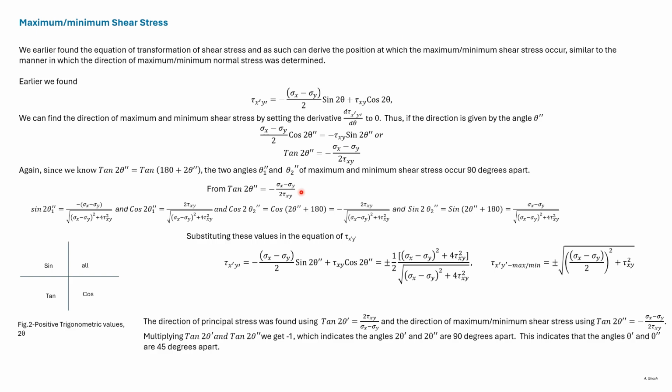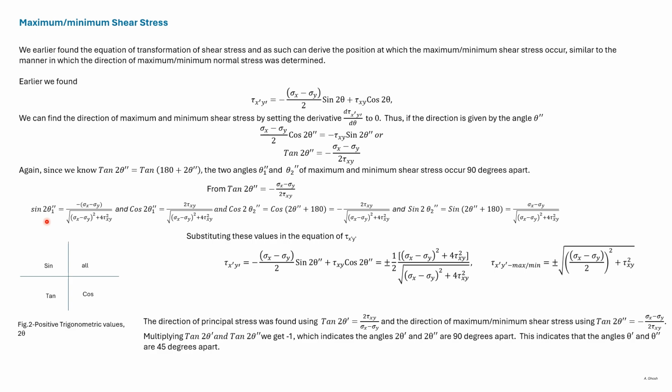Consider the case where minus bracket sigma x minus sigma y is positive and also tau xy is positive. Then tan 2 theta double dash will be positive, and 2 theta double dash will be in this quadrant or this quadrant, that is the first or the third quadrant.